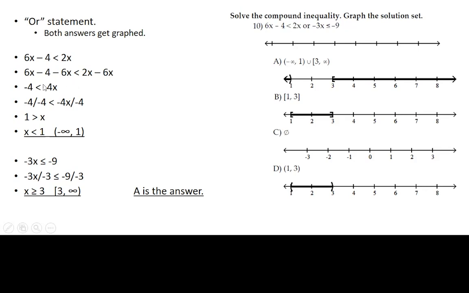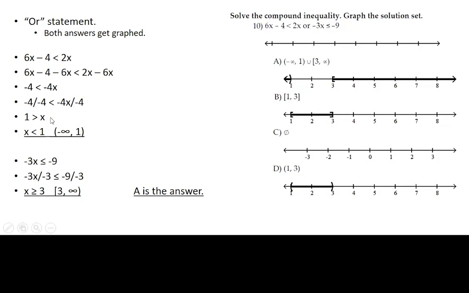So 6x minus 6x cancel each other away, leaving us with -4 on the left. 2x minus 6x on the right gives us -4x. So -4 is less than -4x. Divide both sides by -4 to get the x by itself.